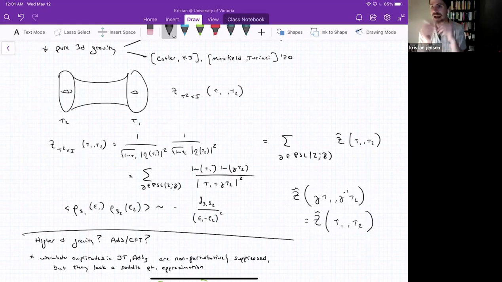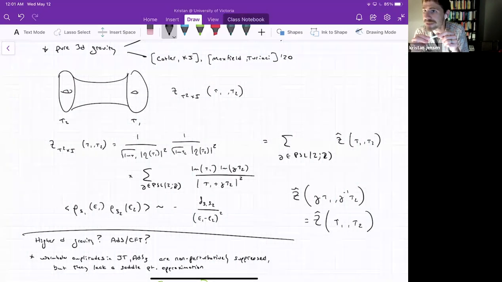So if you do diagonal transformations, this thing is invariant. That was really the beating heart of the bootstrap derivation. Combined with other phenomenological inputs from 3D gravity, it basically uniquely pins down the answer. And that is generically not true for multi-boundary amplitudes in AdS3.